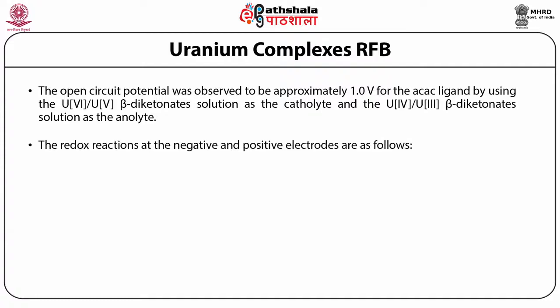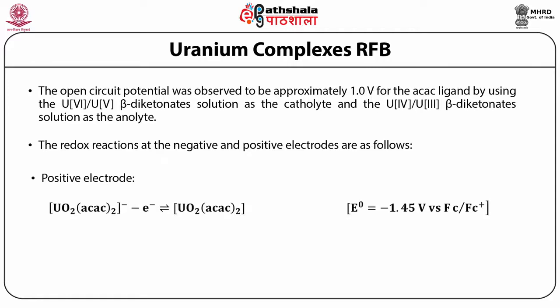The redox reactions at the negative and positive electrodes are as follows. At positive electrode, UO2(ACAC)2 minus an electron gives us UO2(ACAC)2+ with E0 equal to minus 1.45 versus Fc+.